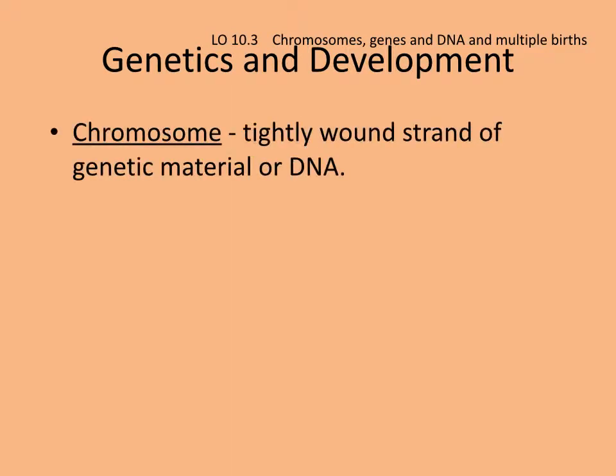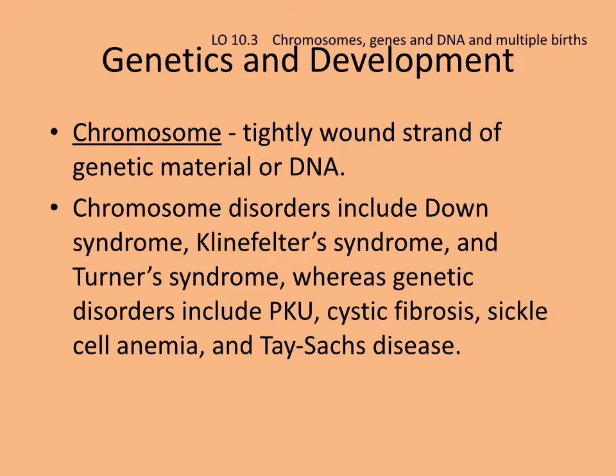Now, when we talk about genes, we have to talk about chromosomes. Chromosomes are a tightly wound strand of DNA, or genetic material. You get 23 from your mom and 23 from your dad, for a total of 46.